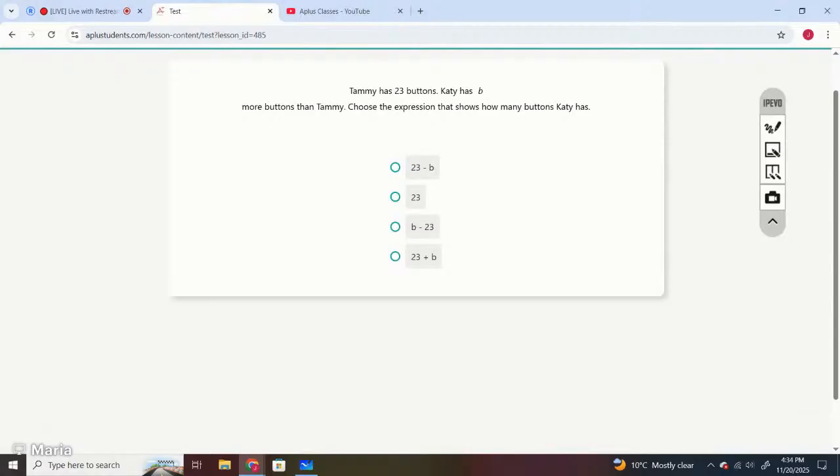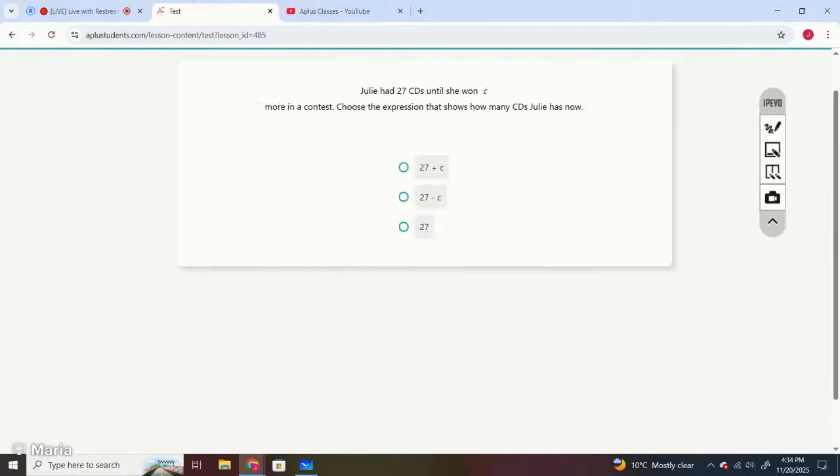B more buttons. That would be B plus 23 or 23 plus B. Option number 4 is the correct option.